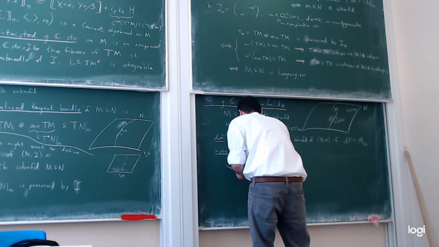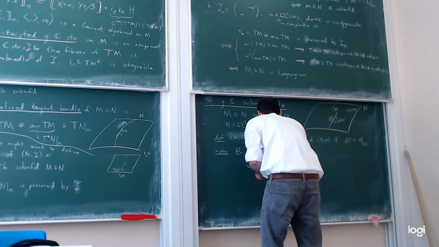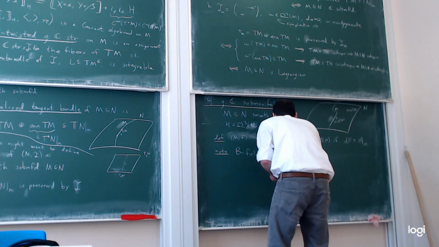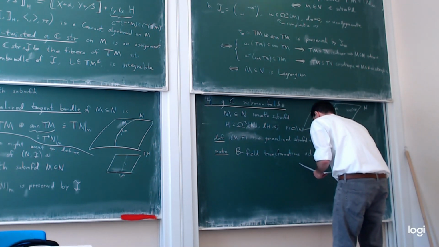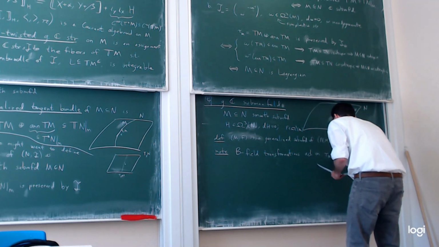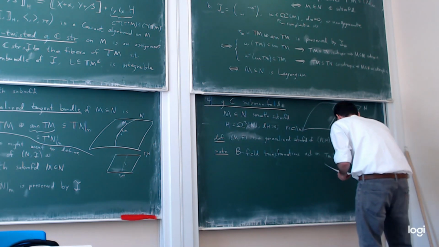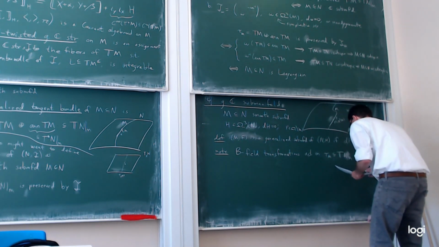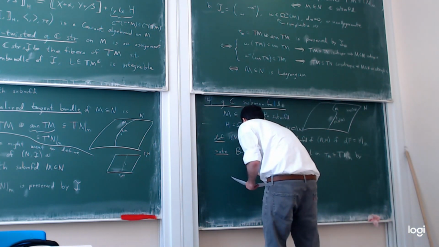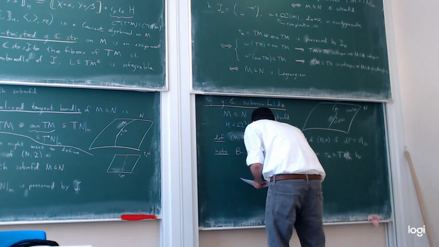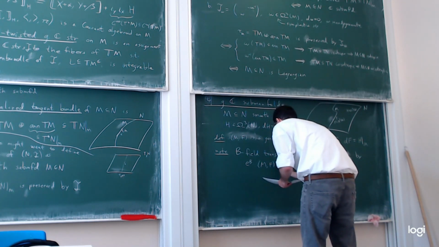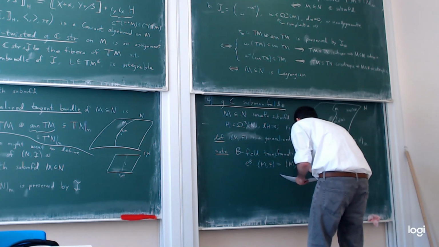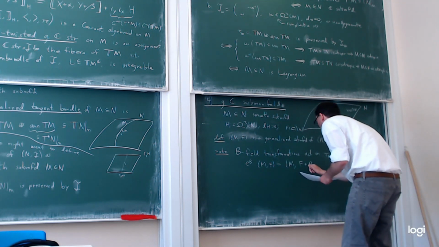So note B-field transformations act on τM by: e^B acting on (M, F) is given by the pair M with the two-form F plus the B-field B.